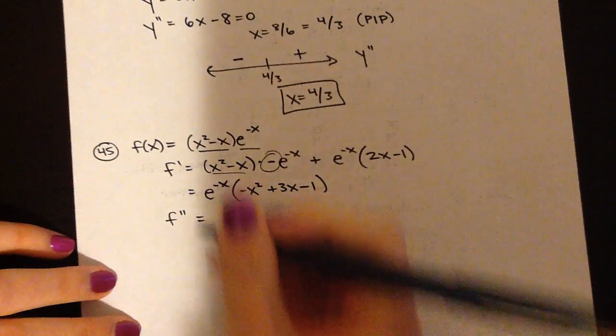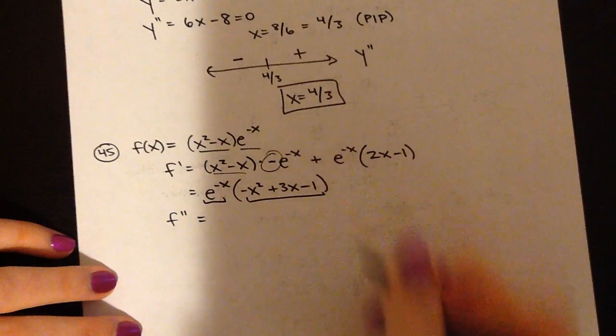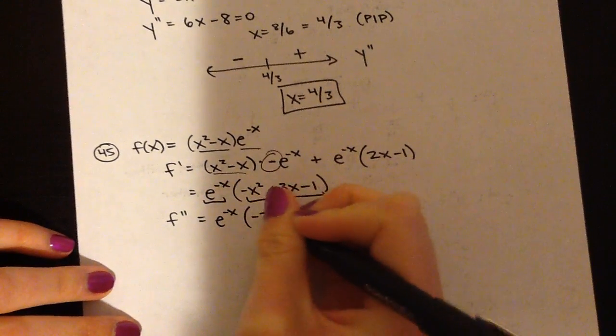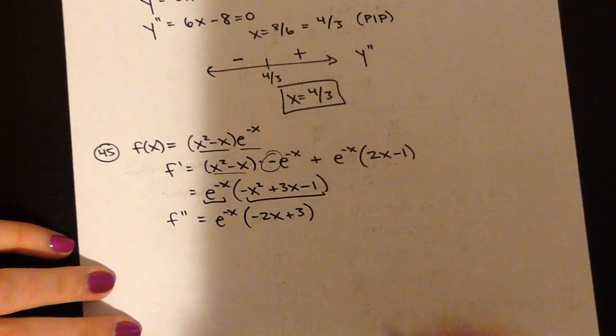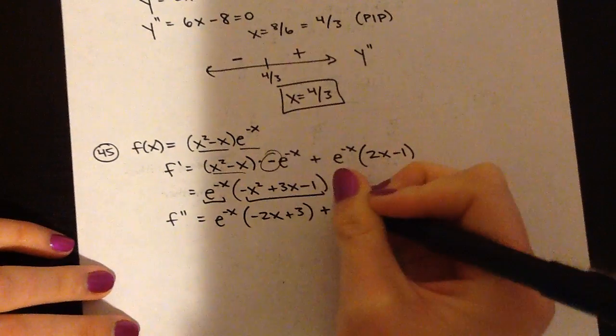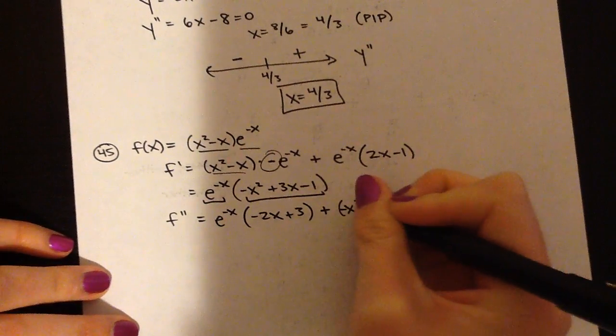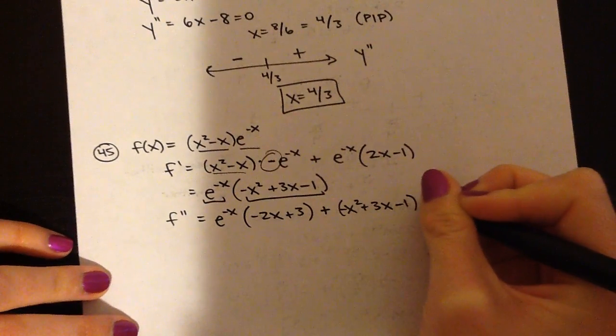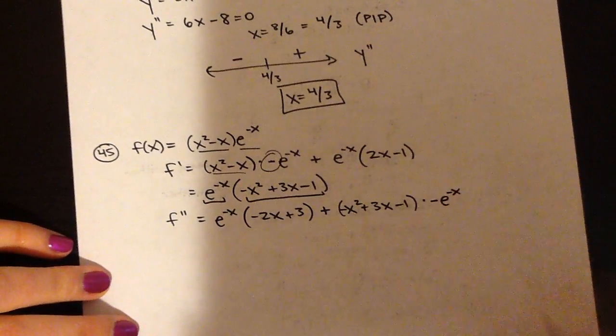So take the second derivative. So here's my first function, here's my second function. So the first times the derivative of the second, and then plus the second times the derivative of the first, which is again a negative e to the negative x.